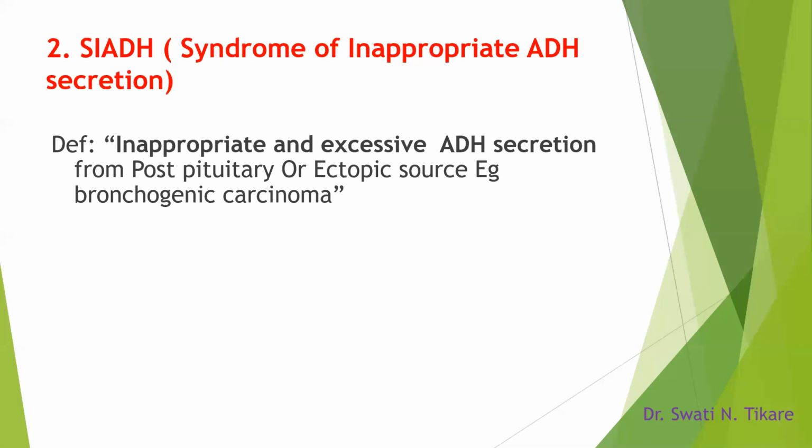We define it as inappropriate and excessive ADH secretion either from the posterior pituitary or an ectopic source. There are certain tumors which produce ADH, a classical example being bronchogenic carcinoma.